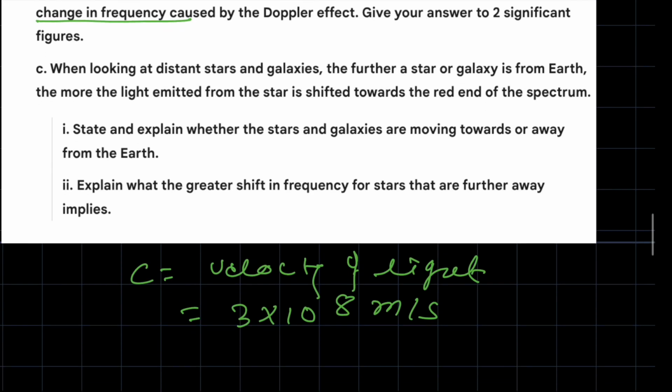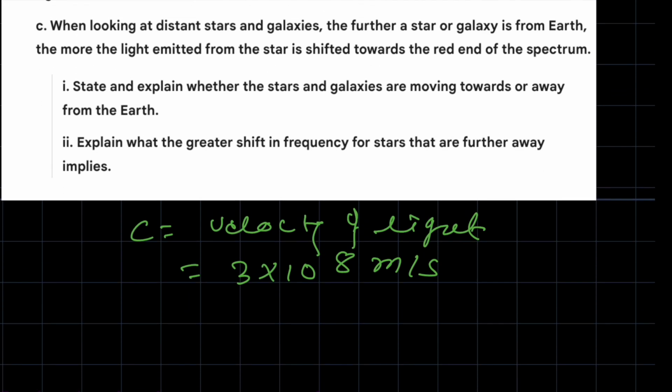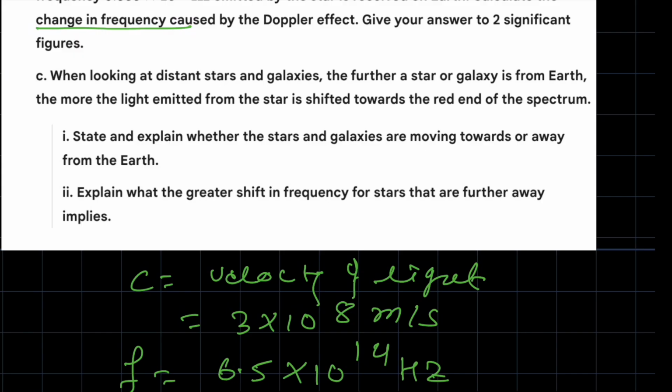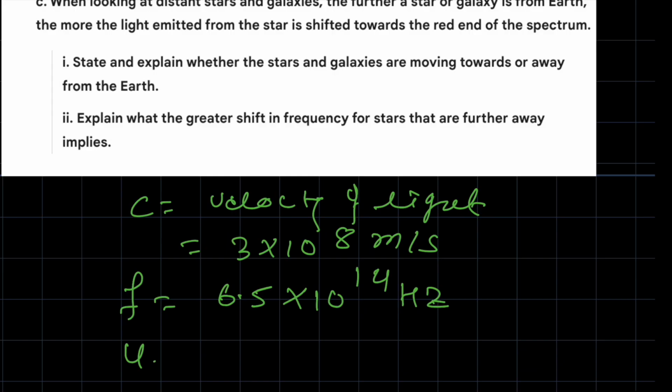It is standard. The frequency of the source is given, and the source is moving away from the earth, with vs equal to 6.4 times 10 to the power 5 meters per second.